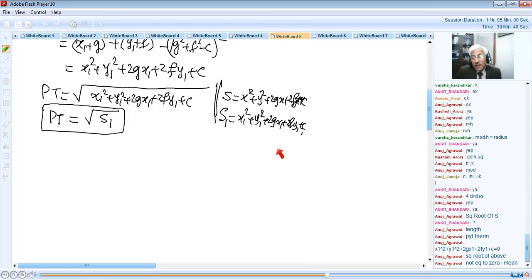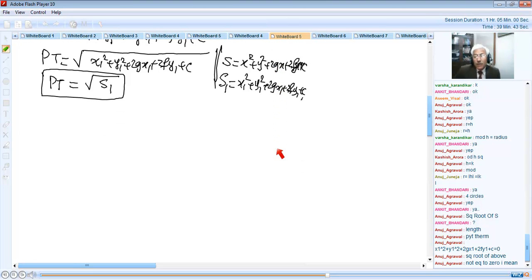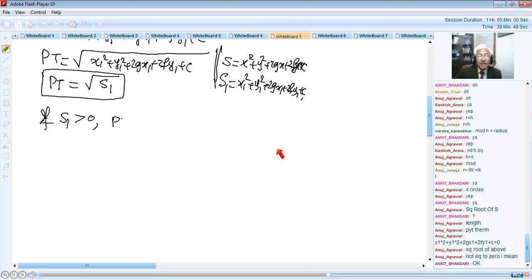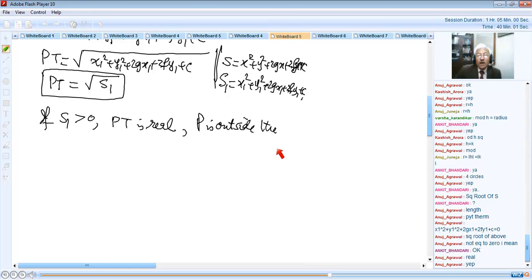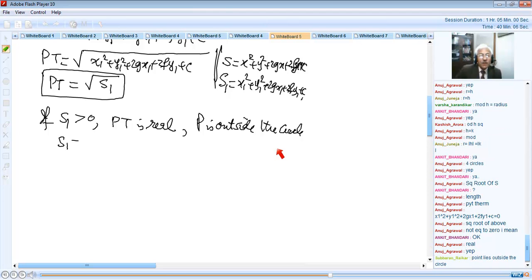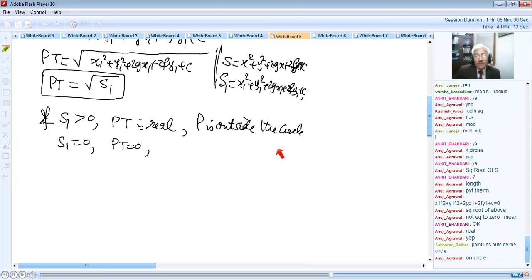Now three cases arise. If S1 is positive, that means PT is real, and mind it, P is outside the circle. If S1 is 0, what happens? PT is equal to 0. That means P and T coincide, right?